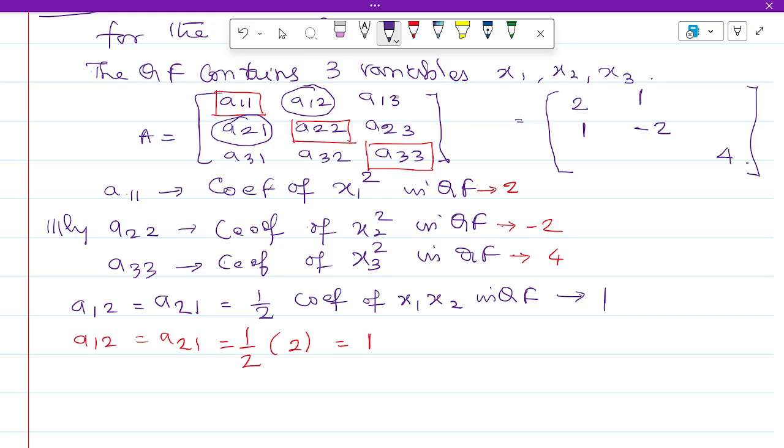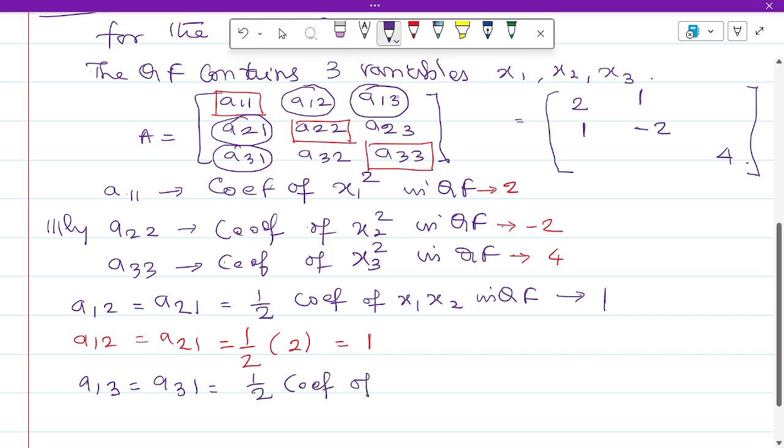Similarly, A13 and A31 position. What is A13 and A31 here? This A13 and A31 position is 1 by 2 of the coefficient of x1, x3 in the quadratic form.